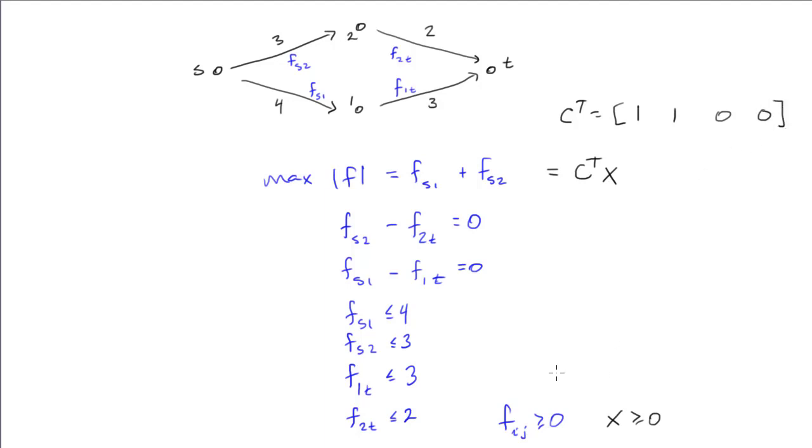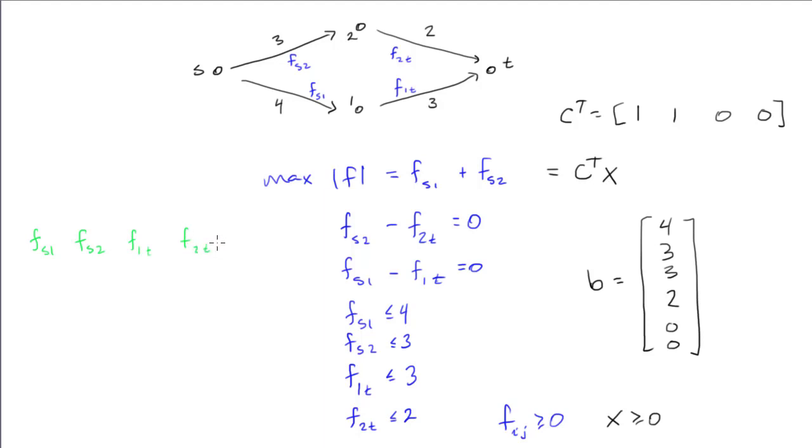Setting up our vectors. I'll order my right-hand sides, capacities, then equalities. And set up my matrix. Here are my four variables.